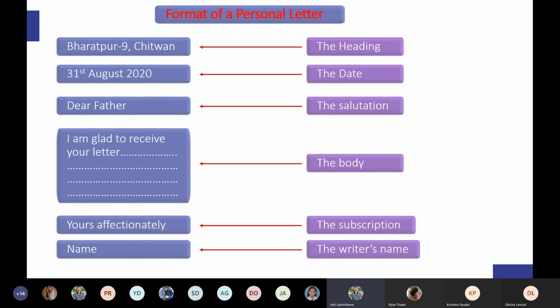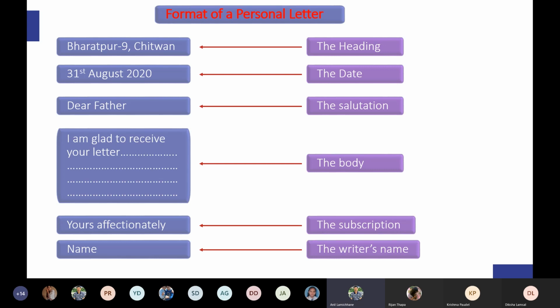So once again, see the format of the personal letters we are talking about here. Like Bharatpur 9, Chitwan. While writing our address, simply Bharatpur 9 and Chitwan. Those who are in Ward 8 write Bharatpur 8, Chitwan.